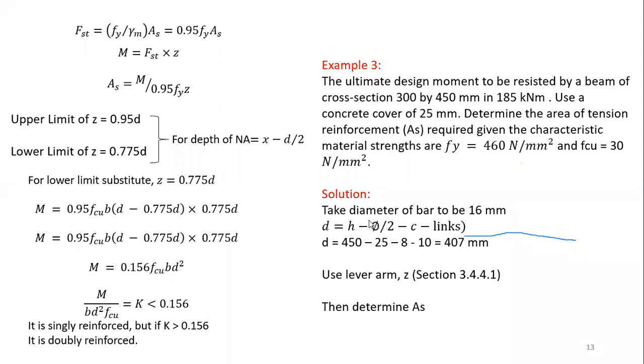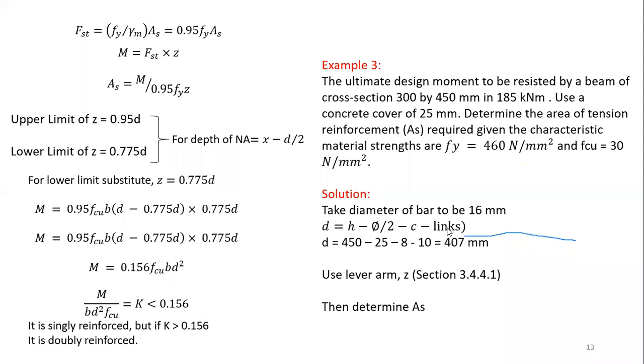Then the effective depth is measured to the middle of the diameter of the bar. That is why you are dividing by 2. This is the cover to the reinforcement. You put cover just to prevent the reinforcement from being exposed to air so that it will not corrode. Then the links.